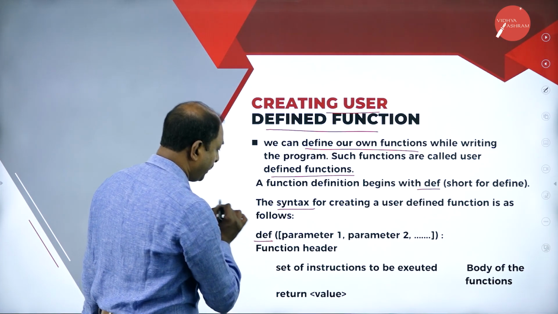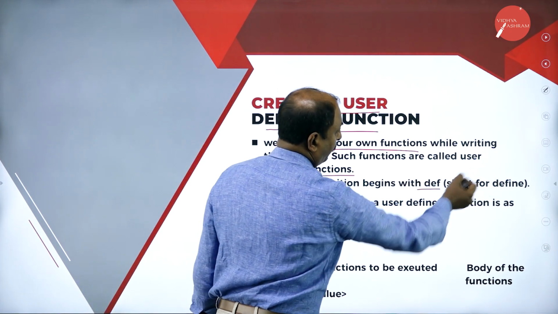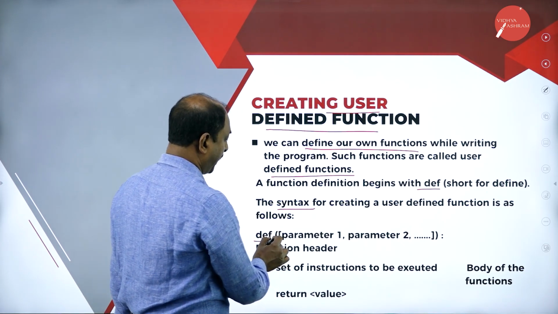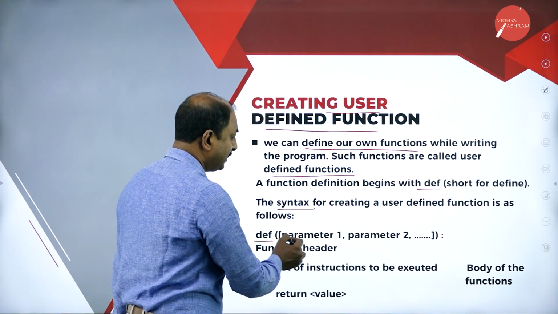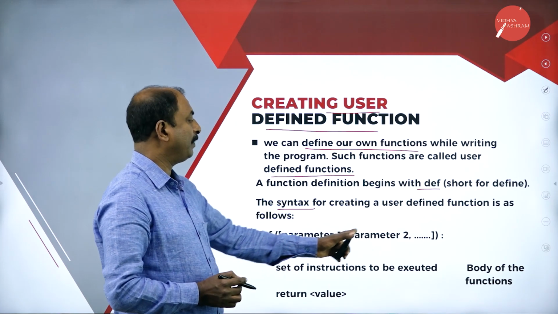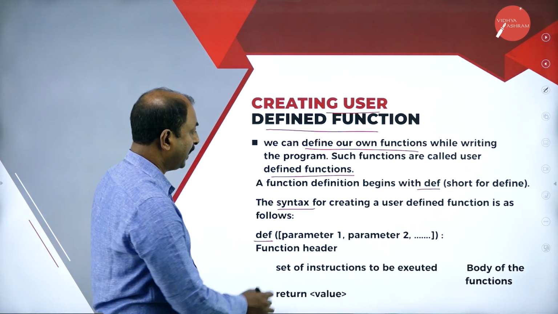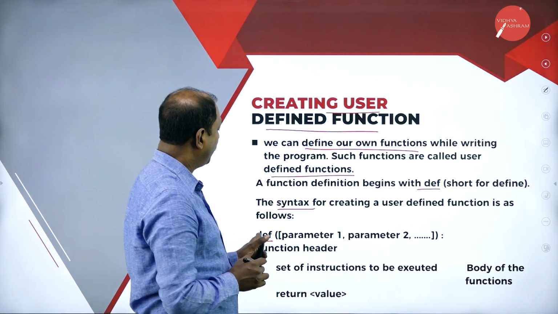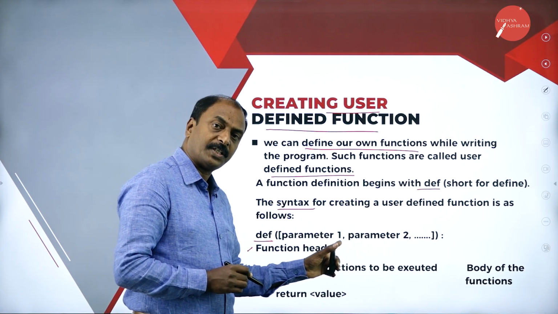def is a reserved word. It stands for define or definition, and inside the brackets we have the parameters. This is nothing but your function header. The first line of a function is the function header.